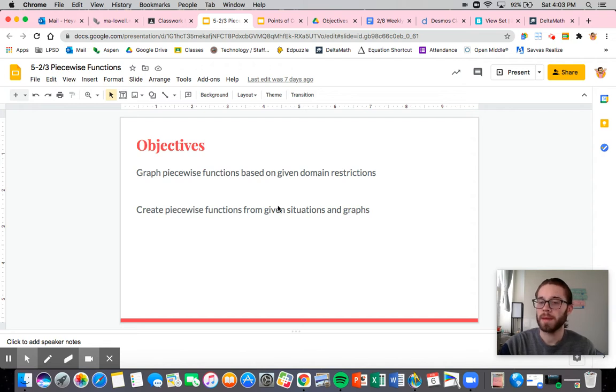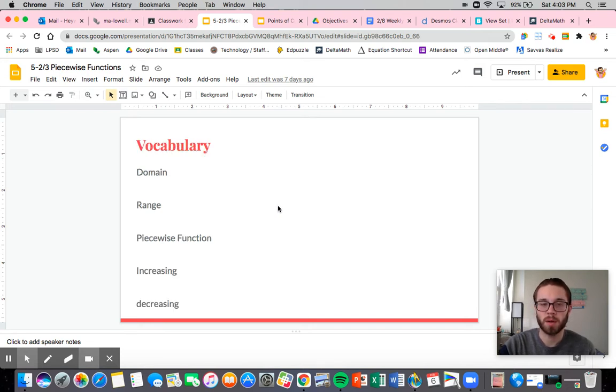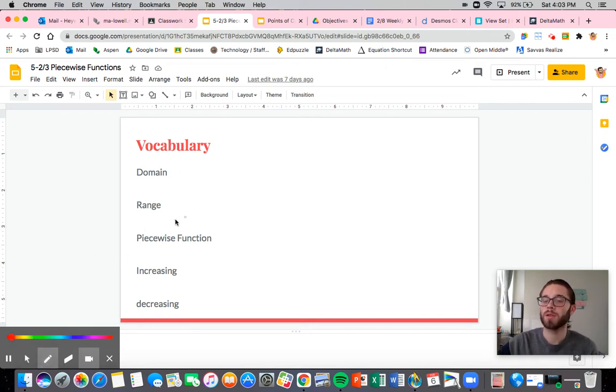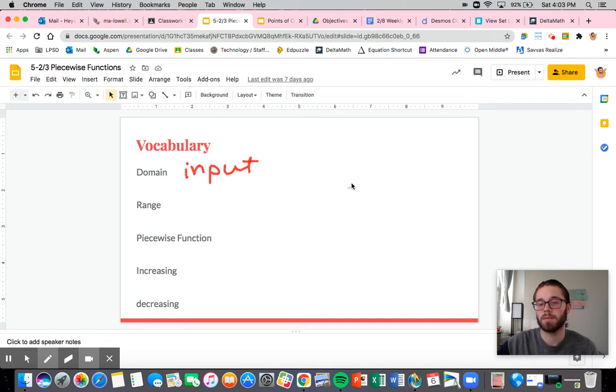So what's our goal? We're going to be able to graph piecewise functions given domain restrictions, and we're going to create piecewise functions more tomorrow. But ultimately, we need to recall a few things. The domain is all your inputs, whatever I'm putting in for X, my X values.